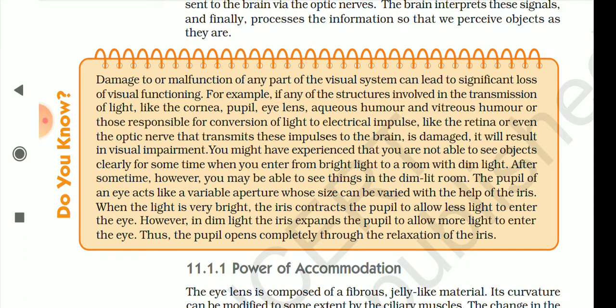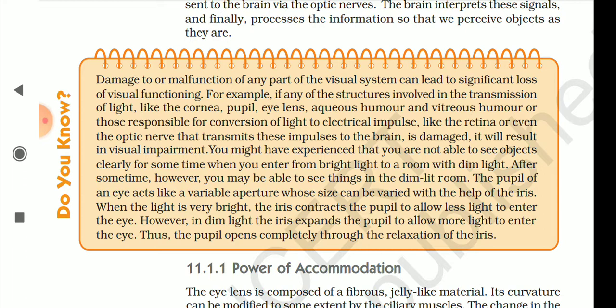Fine, that was not written in our textbook, but you need to know that the aqueous humor and vitreous humor are responsible for the conversion of light to electrical impulses, like the retina, or even the optic nerve that transmits these impulses to the brain.